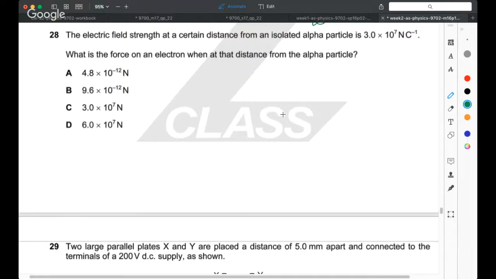The force of an electric field. So you have. Just this last question.